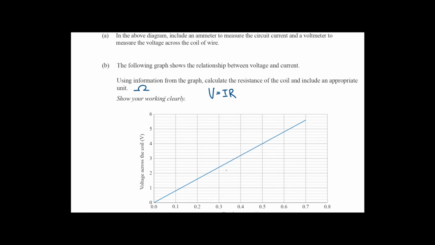And notice it's a linear relationship, so we want to find some nice point. That looks like a nice point there, and that tells us that when the current is 0.5, the voltage is 4.